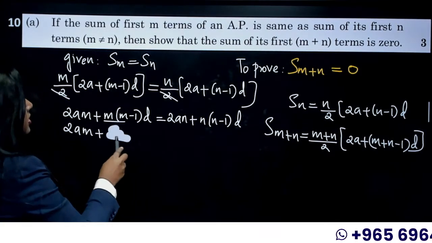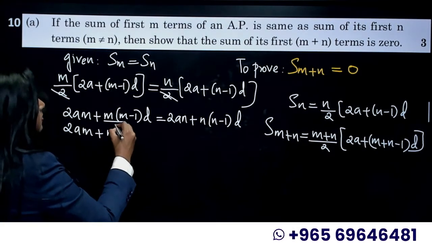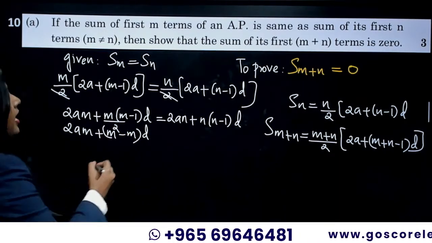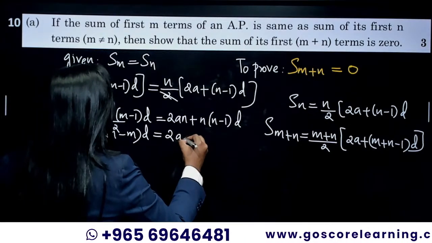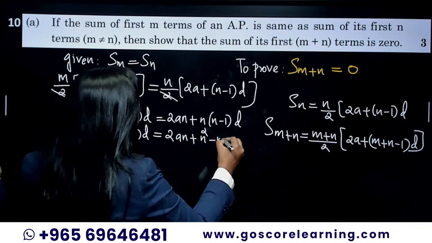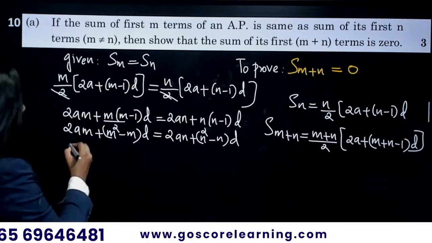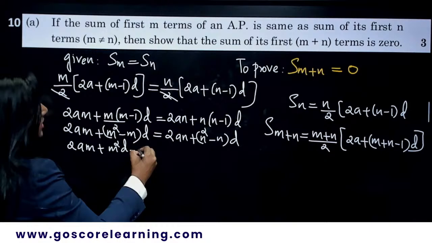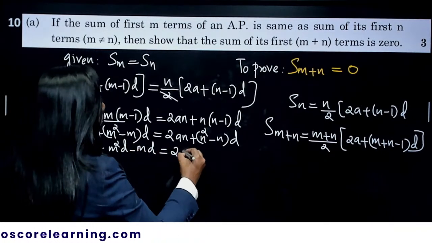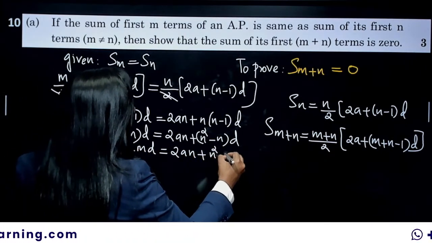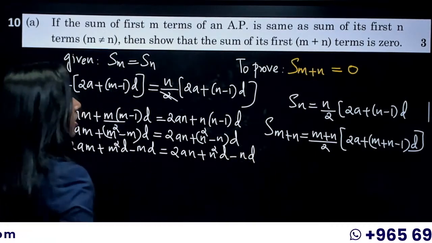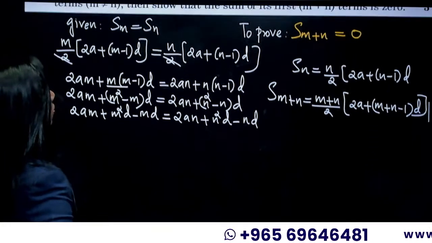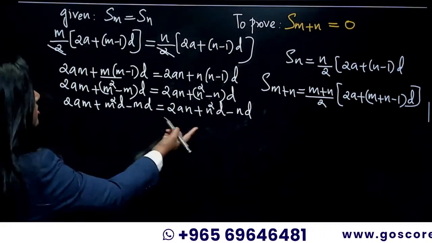If this is confusing, I'll write m square minus m, then the d is there. That is equal to 2an plus n square minus n into d. So 2am plus m square d minus md equals 2an plus n square d minus nd. Till here everything is fine. Now what I'm going to do is take everything to the left side.